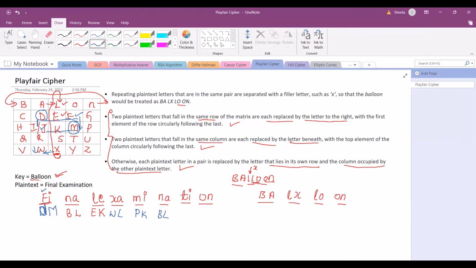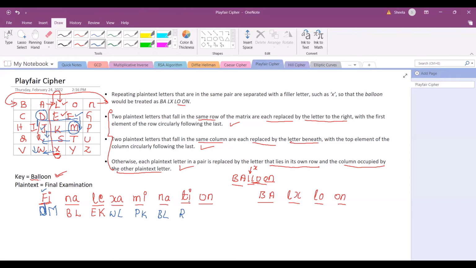And then we have TI. T is in a different row and column, and I is in a different row and column. To find the ciphertext of T, I need to take the row of T and the column of I, so we get the character R as ciphertext.